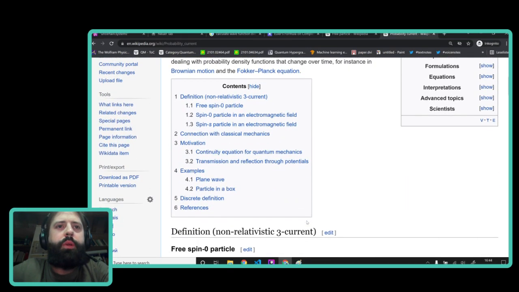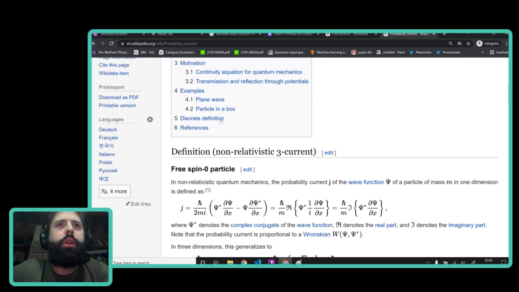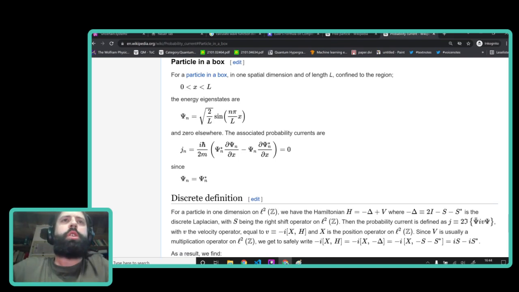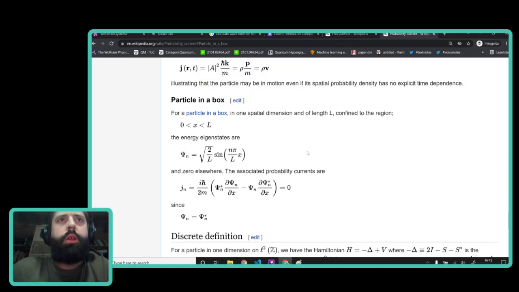Let's see some examples. Particle in the box. For a particle in the box in one spatial dimension of length L, confined in the region between 0 and L, the energy eigenstates are these, and 0 elsewhere. The associated probability currents are, oh god. Okay, so what?